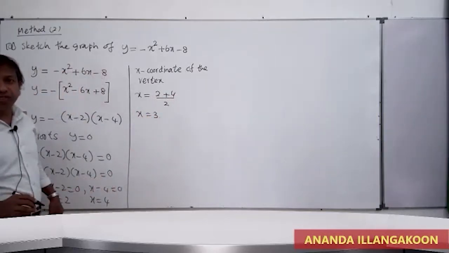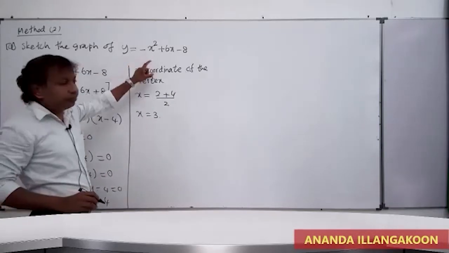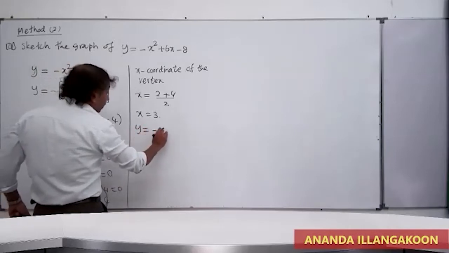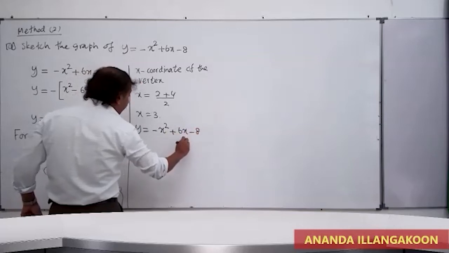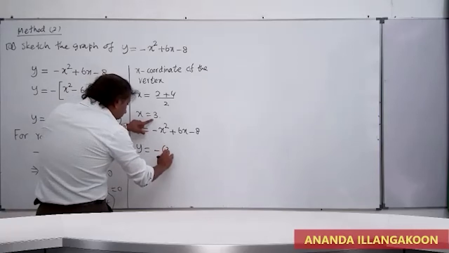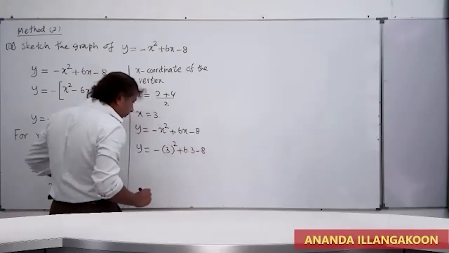Then how to find the y coordinate? Put x equals 3. Here, y equals minus x squared plus 6x minus 8, so minus 3 squared plus 6 into 3 minus 8.